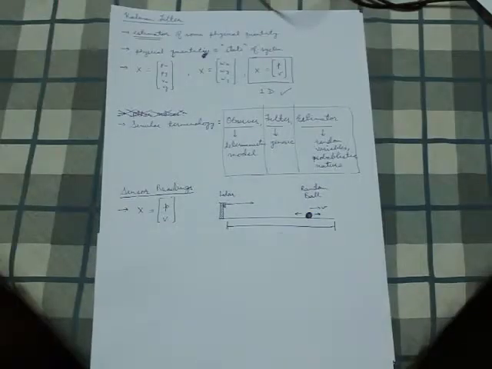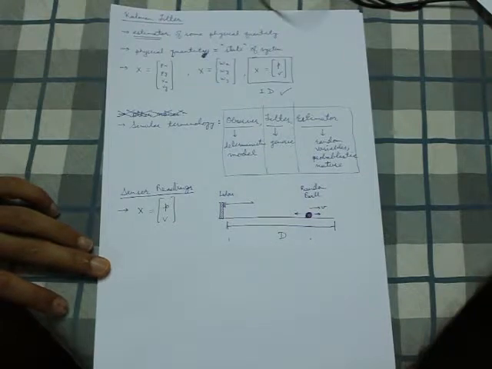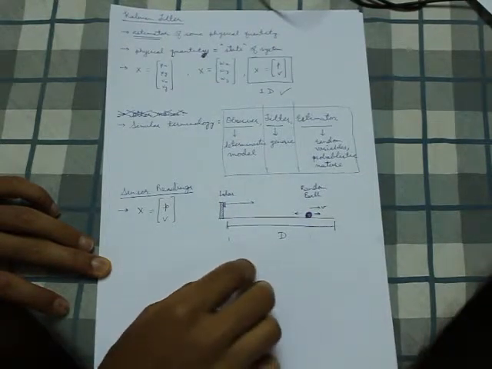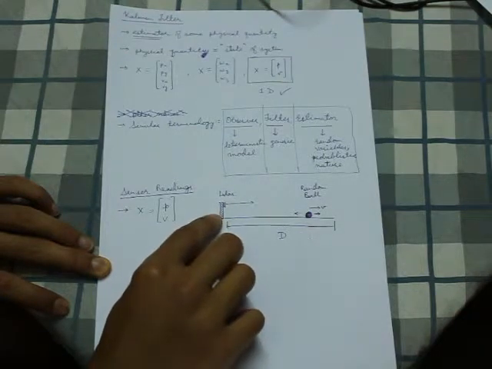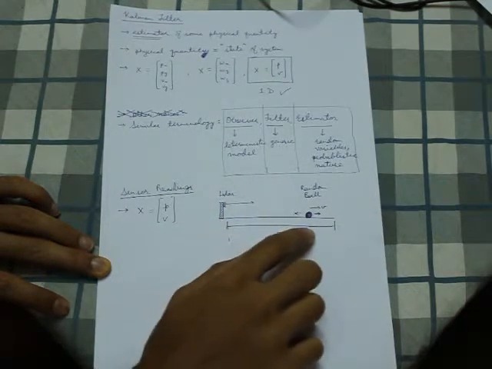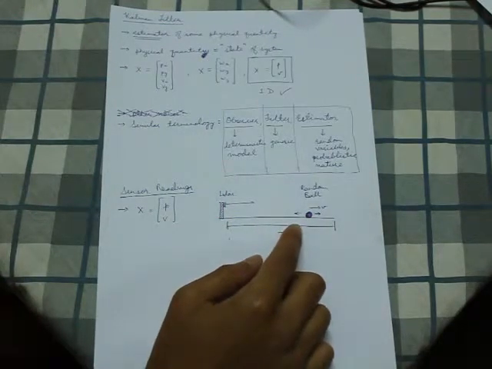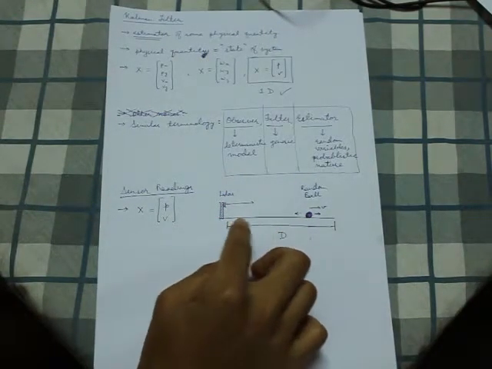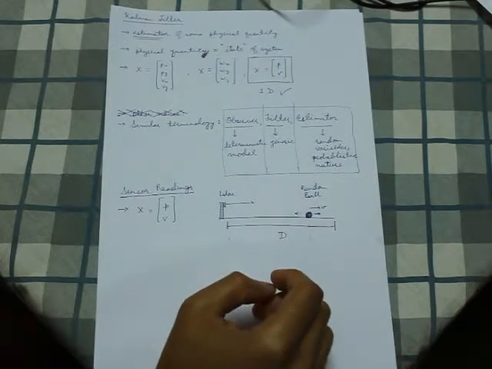So going to the next section, we'll head to the sensor readings part. So now let's consider a one-dimensional surface with a LiDAR sensor at one end, and we'll consider a ball, and let's assume this ball is able to move by itself randomly from 0 until capital D, this distance.